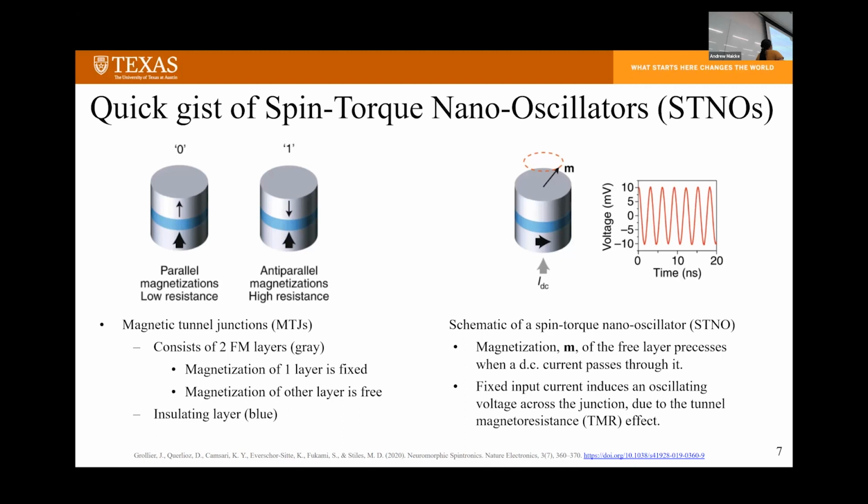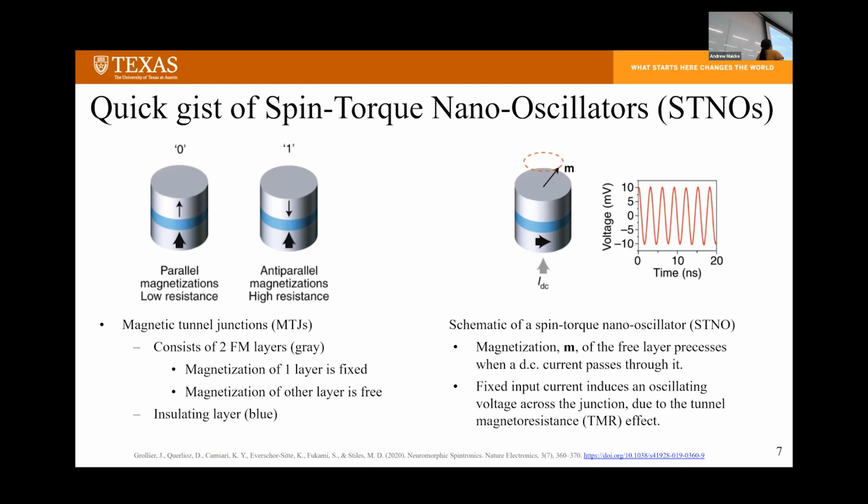STNOs work by passing a DC current through the multi-layer structure. Looking at the image on your right, we have a multi-layer structure represented with the ferromagnetic layers in gray and the insulating layer in blue.